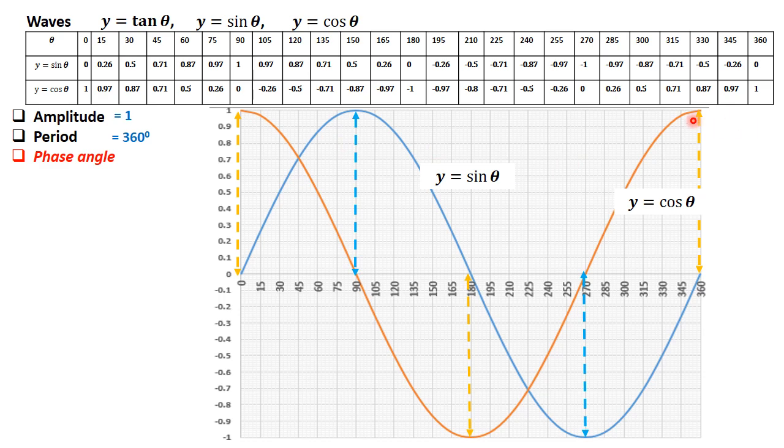So it looks like it will continue going down. So we would say that for y equals cos theta, the period is 360. About phase angle, I'll not mention anything at this point, but towards the end of the lesson, I'll say a lot about it and give a summary in that regard.